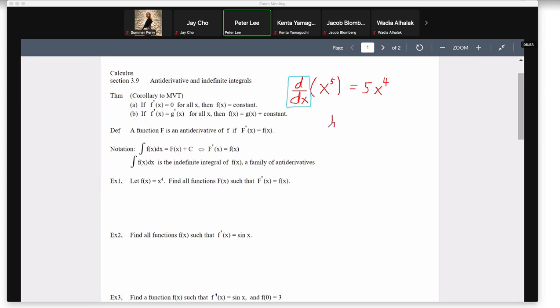How about if you now have 5x to the fourth power and we integrate this? This is the integral sign, and this is dx. If you put this here, this is now called the antiderivative, or the indefinite integral.